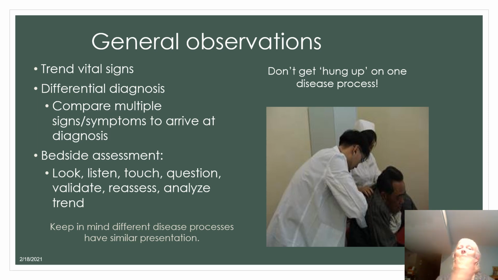So now we have to go back to the beginning. What else could this be? If we thought about what else it could be in addition to pneumonia, we don't have to go back to the beginning because we have this other one sitting there, and now we can see, does this fit better? So it's really important to start thinking about what diseases mimic each other.